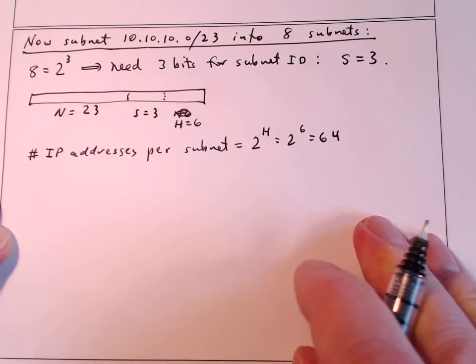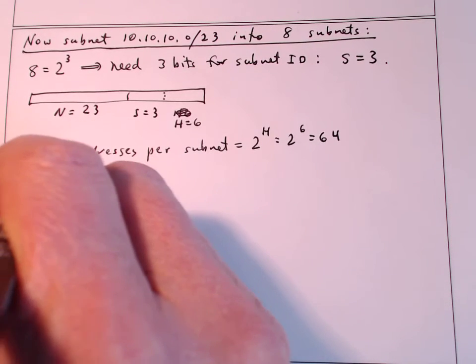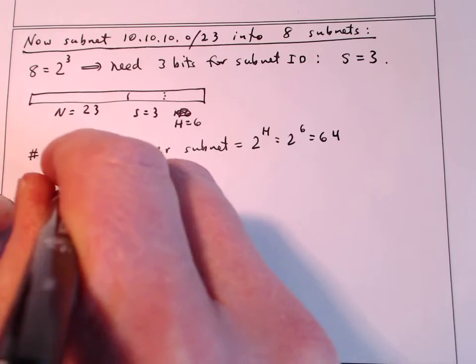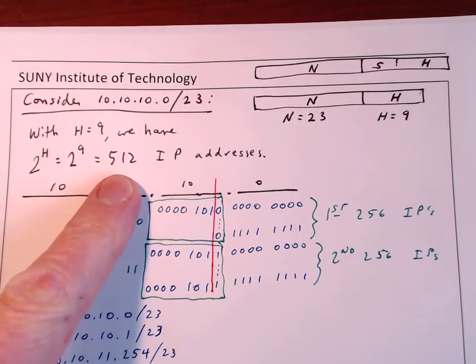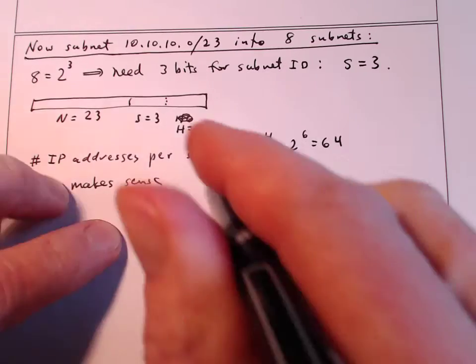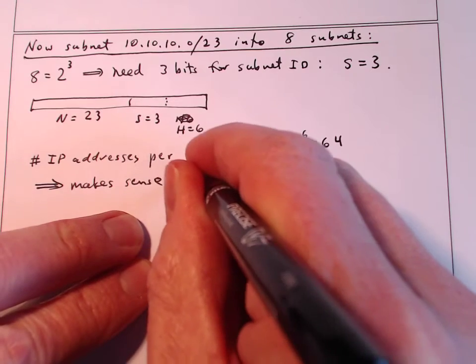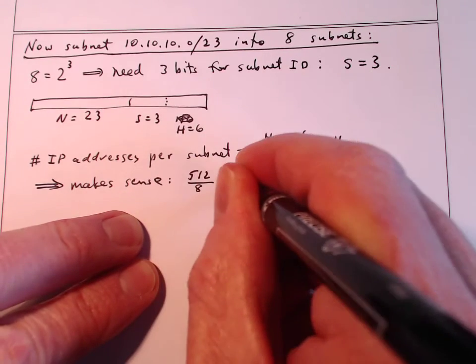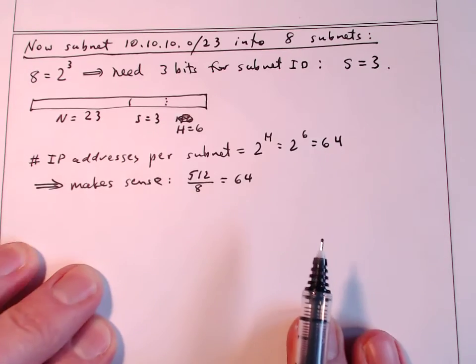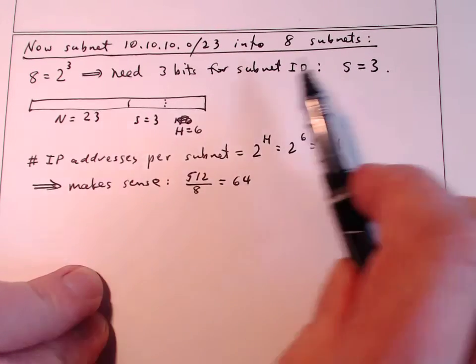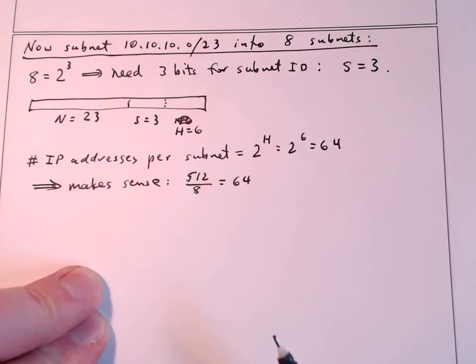And this makes sense because our original network had 512 addresses in it. 512 divided by 8 is 64. So we really have divided it up into 8 pieces here, and that's all consistent with our powers of 2.